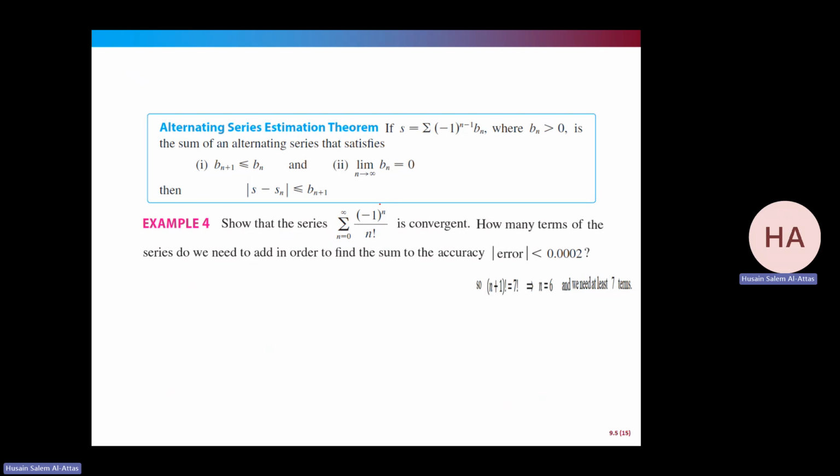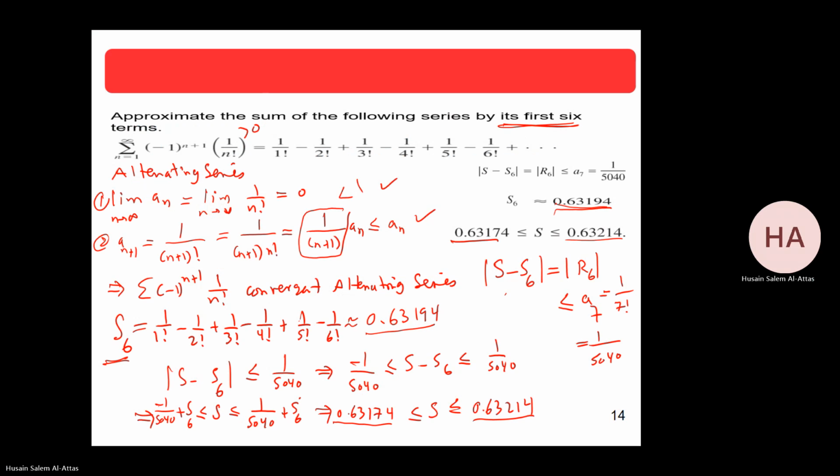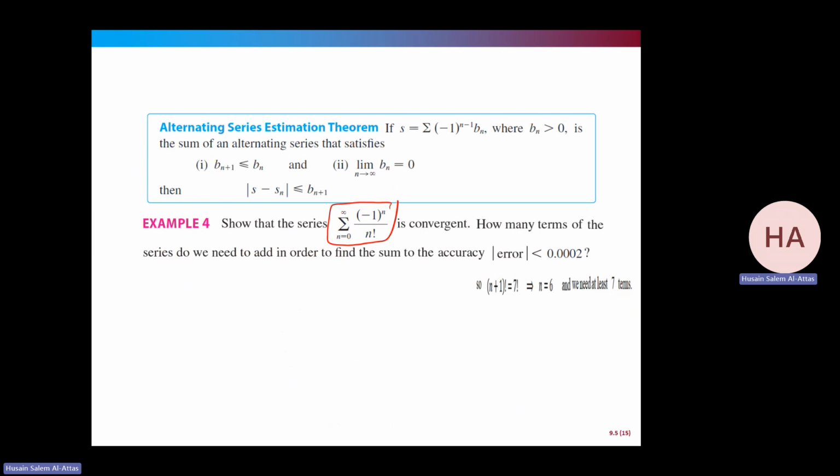This one we did before, and we showed that it's converging. How many terms of the series do we need to add in order to find the sum to the required accuracy? I want the error, which is S minus Sn, to be less than 0.0002.